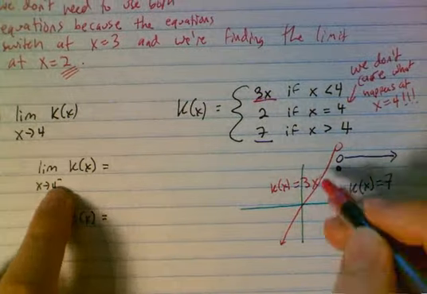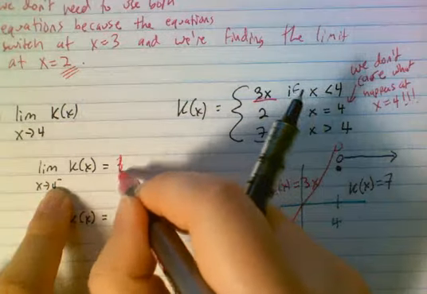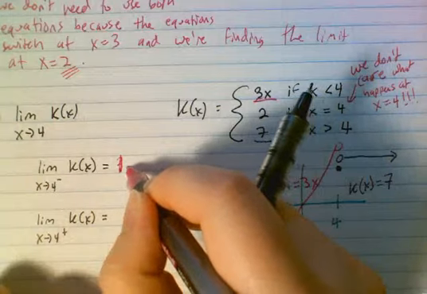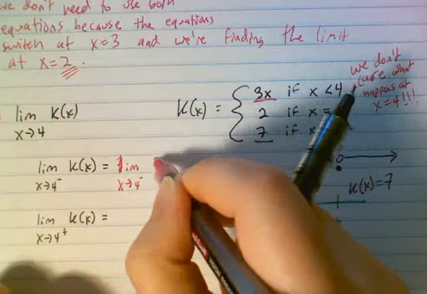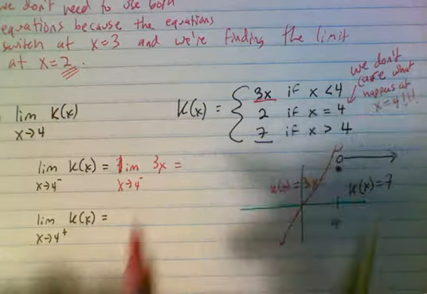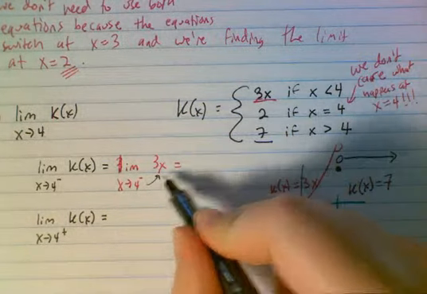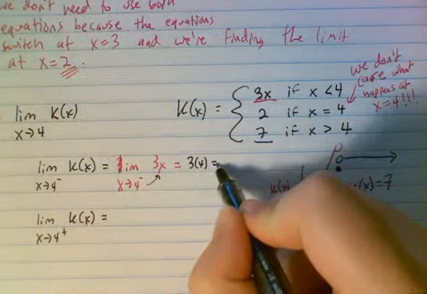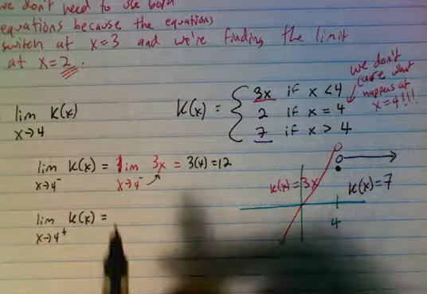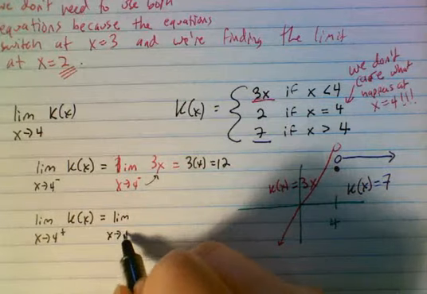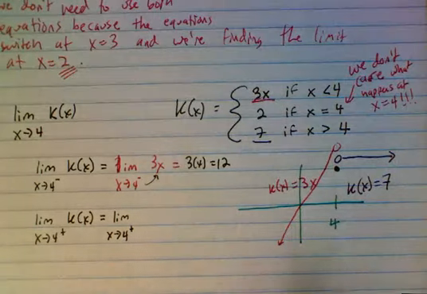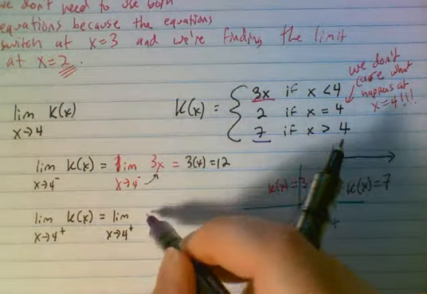So we're coming from the left, we're going to use the left equation. So that's going to be 3 times 4 gives us 12. This one we're going to use the right equation. It's just saying that it's 7.